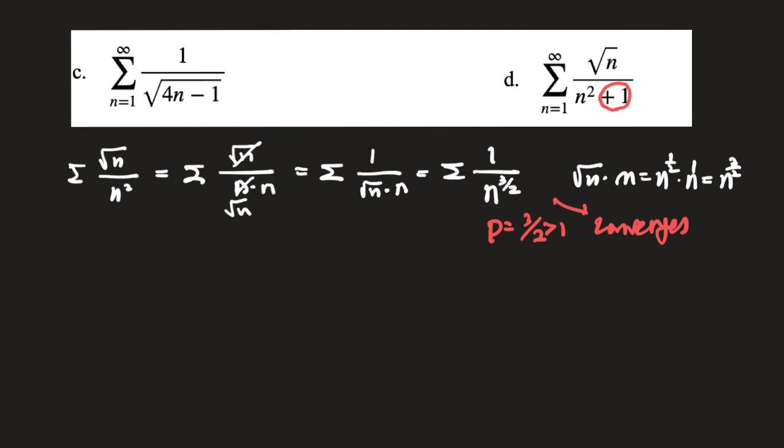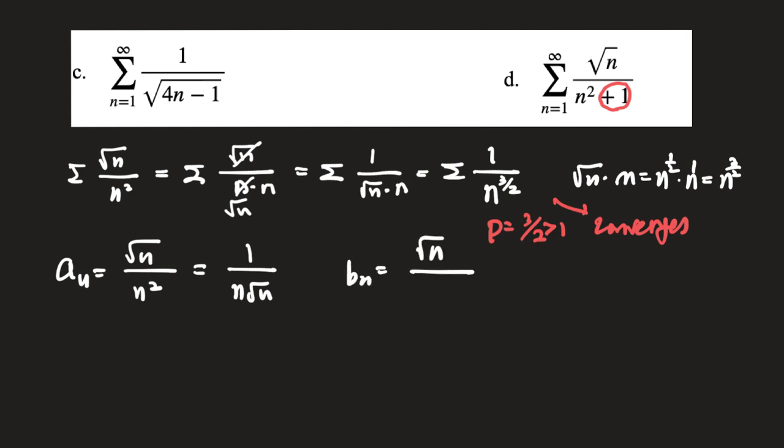Now, what you have to do here is compare the sequences. And we have to find the ratio, right? So here is a_n, square root n squared. We find this one is 1 over n square root n.